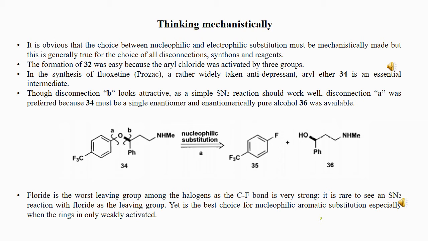In the previous example, when we did nucleophilic substitution, that reaction was very easy because 2 nitro groups and 1 CF3 were there, increasing its reactivity towards nucleophilic aromatic substitution. But here only 1 CF3 is present, so fluoro will be a very good leaving group in that case. Now we see mechanistically how fluoro is a good leaving group in the next slide.